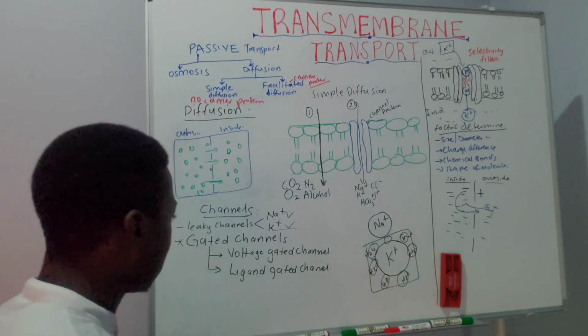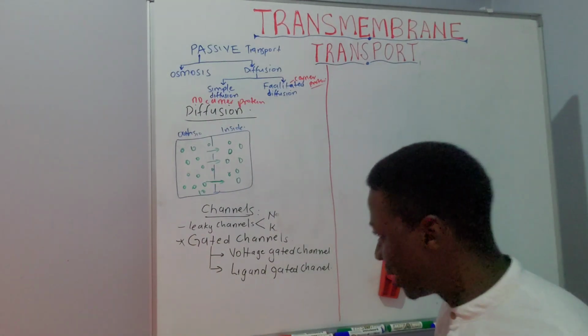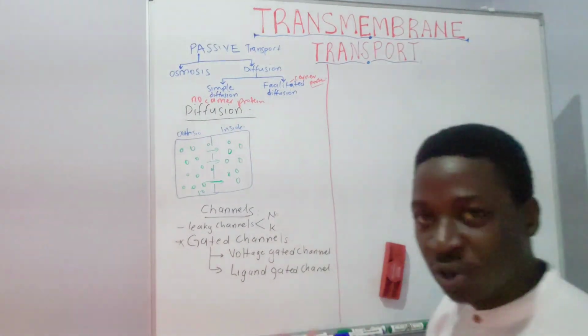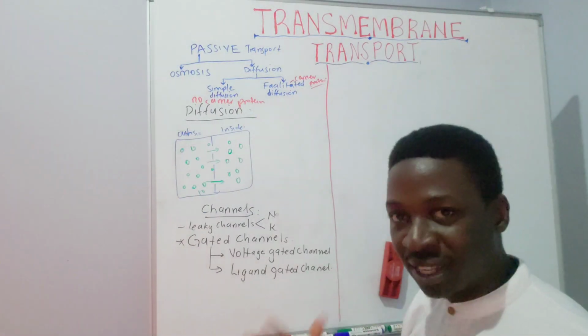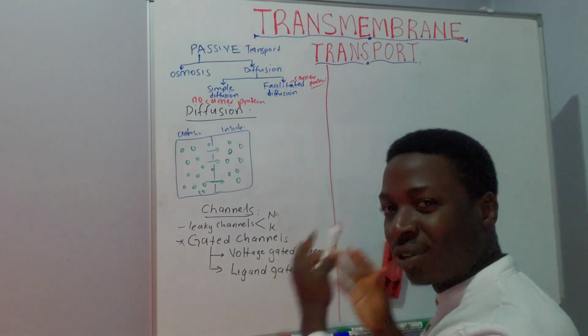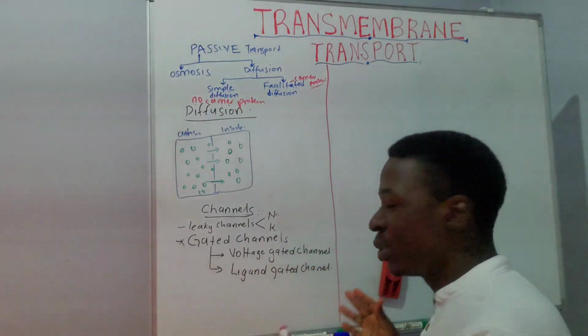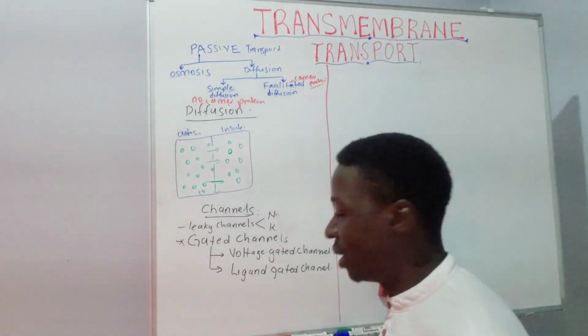Then I'm going to talk about the gated channels. We said these gated channels can be voltage gated channels, or they can be ligand gated channels, which means these channels are conditioned to open.